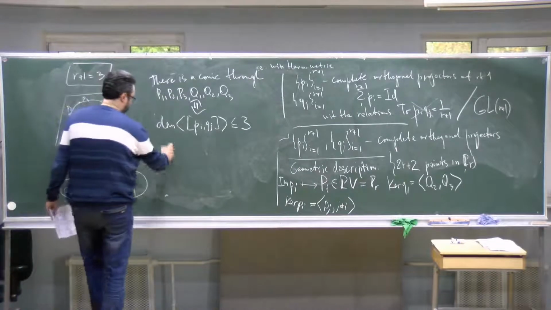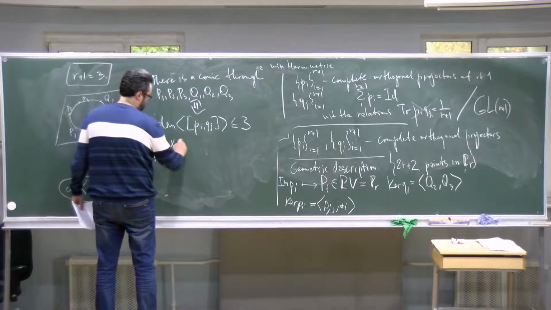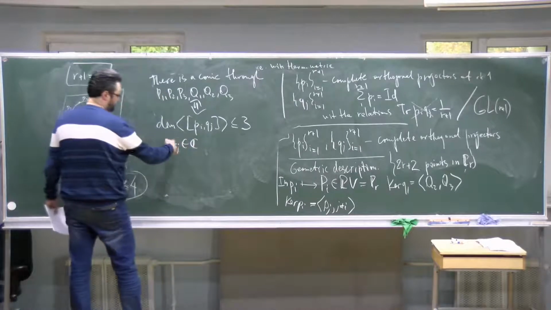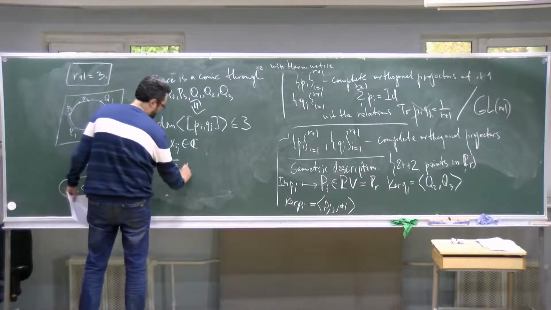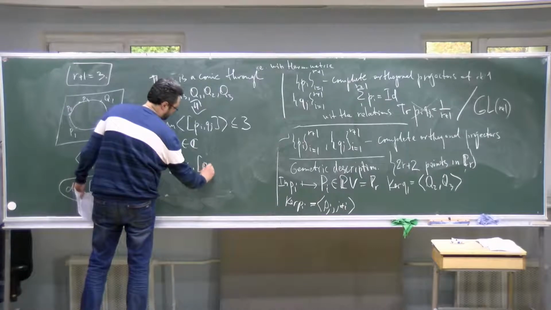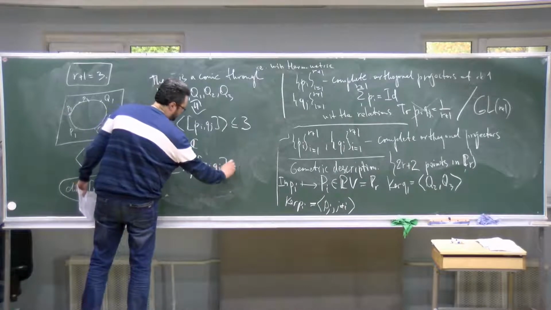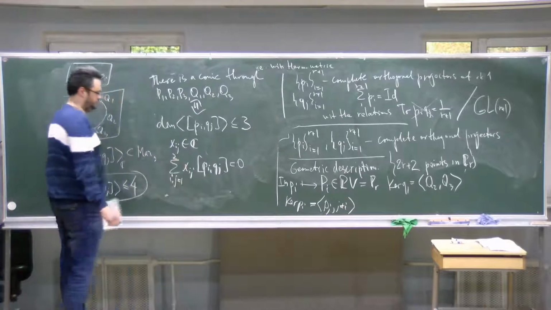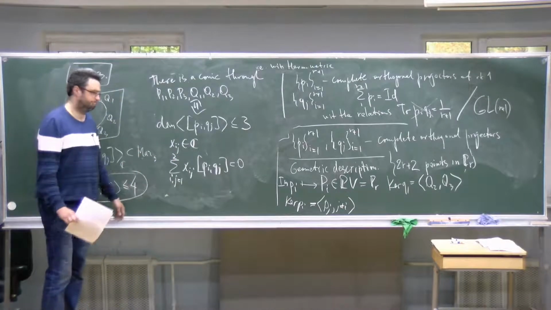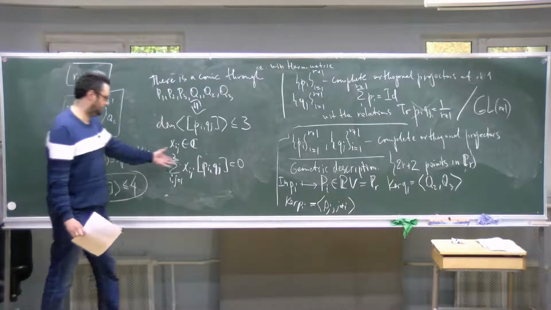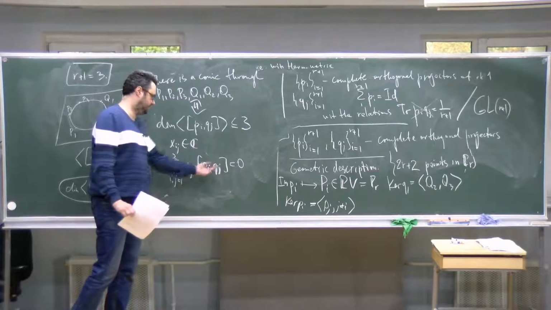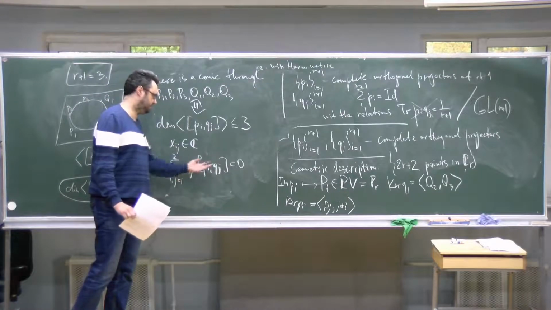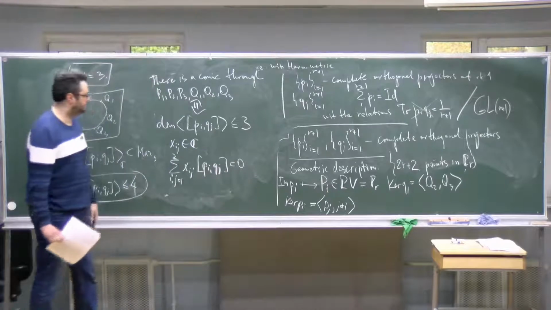For example, it means that there are complex numbers xij such that the combination equals zero. It means that there is some linear combination of these commutators which is equal to 0.